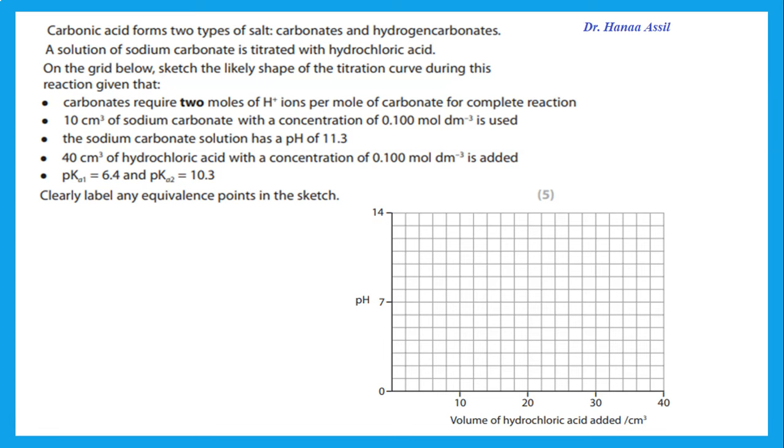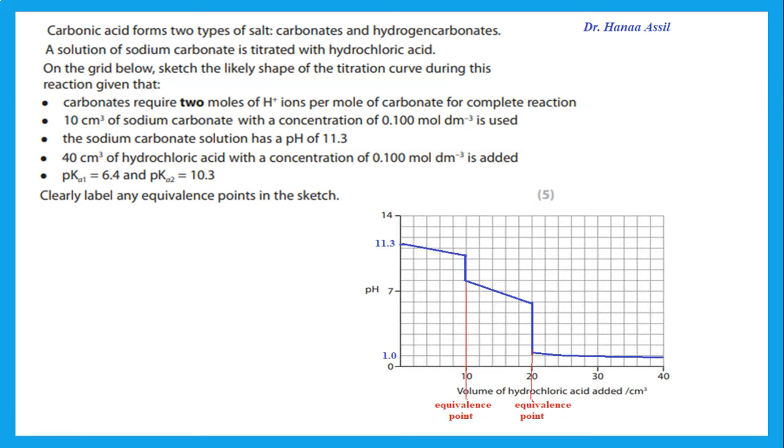The sodium carbonate solution has a pH of 11.3. 40 centimeter cubed of HCl with a concentration of 0.1 mole per decimeter cubed is added, and we're given the pKa for the first H plus and the pKa for the second H plus, and we're required to clearly label any equivalence points in the graph.